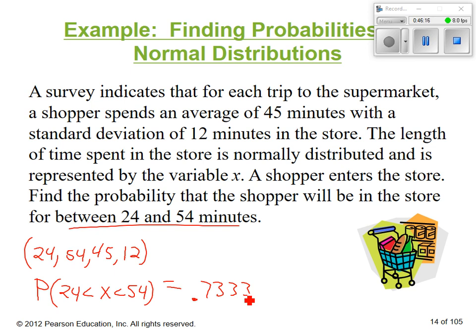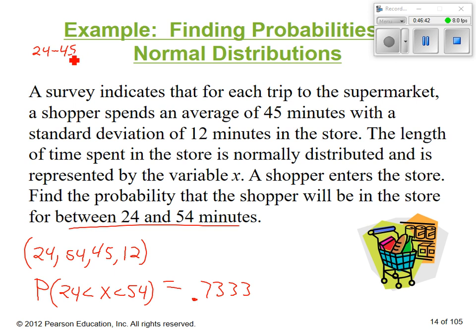So that's a way to find the answer, right? The other way is just a different way to do it. Okay. So if we wanted to change these into z-scores and punch it in like we were doing last class, then what we'd have to do is change each of these into a z-score. So we take 24 minus 45, divided by 12.